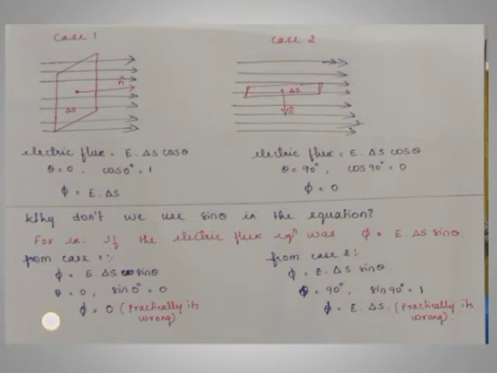So the flux would be 0. But do you find the electric flux 0 over here? No, because many electric field lines are passing normally through the surface, so practically this is wrong. The two do not tally with each other, and that is why we don't use sine theta, whereas we use cos theta here.